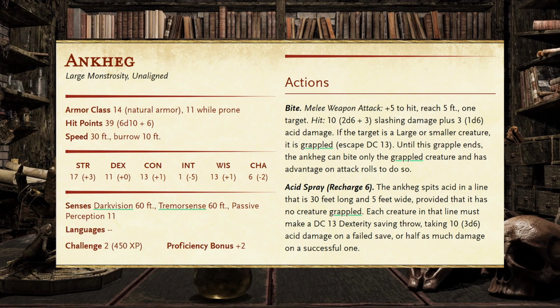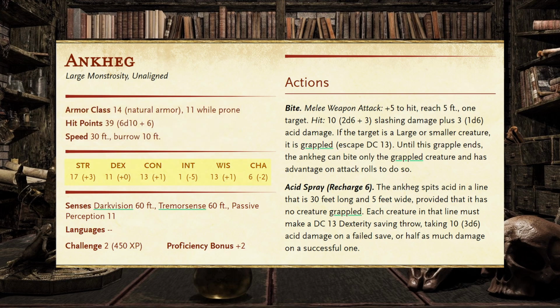Below that top bar are the rest of the Ankheg stats, which are essential for the Dungeon Master to play them in combat. The Ankheg has an armor class of 14 while standing, or 11 while prone, 6d10 plus 6 hit points, or 39 on average, a movement speed of 30 feet, and a burrow speed of 10 feet.